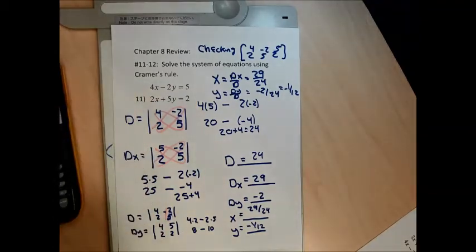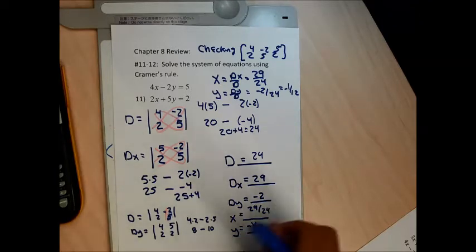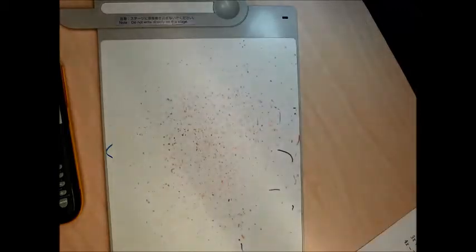I didn't do the determinants by calculator because those are easy determinants. In problem 12, the determinants are going to be awful, and I'm going to do those by hand. So problem 12 also wants me to solve using Cramer's rule.